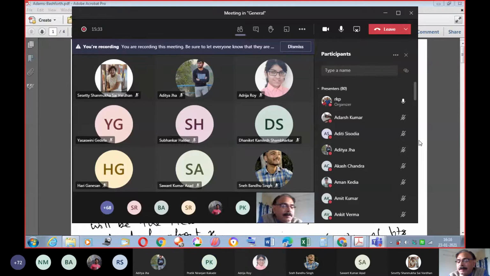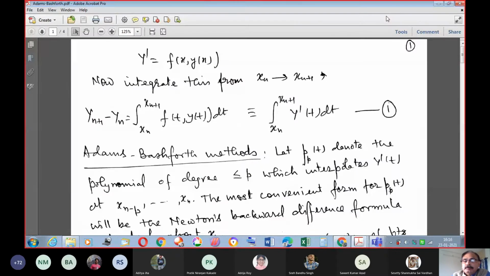And the property is that it is matching with those points. Yes or no? Yes, sir. Okay. So what we are going to do here is that we will approximate this function y prime using a certain number of points to a polynomial of appropriate degree, means as many points as we take, we'll get some polynomial.